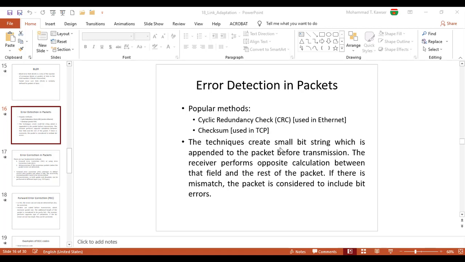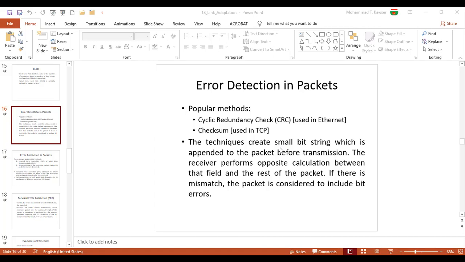The bit stream in the packet is a combination of ones and zeros, so based on that you compute a few bits using a method called CRC or checksum. These few bits you add as a header field, or as a field at the tail of your packet. A separate field is added to the packet, which contains this information, the CRC bits or checksum bits.